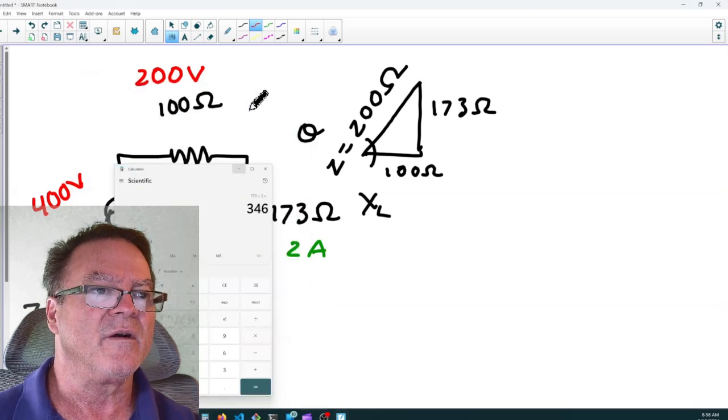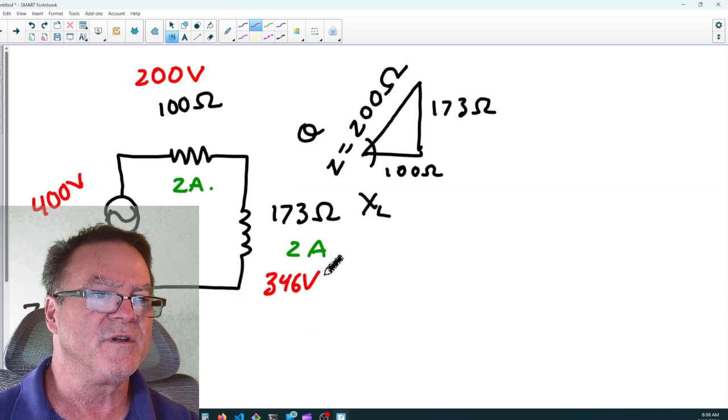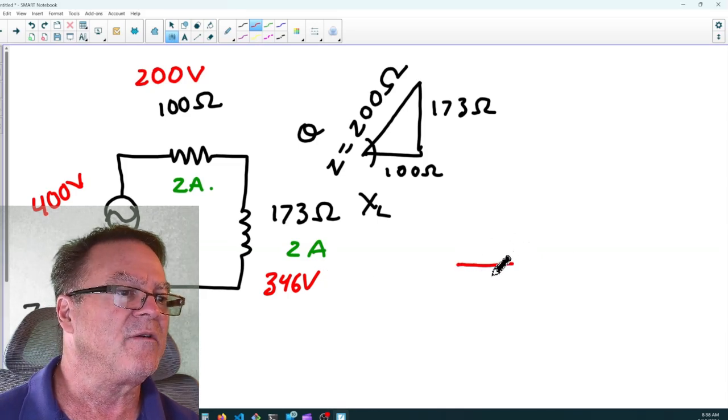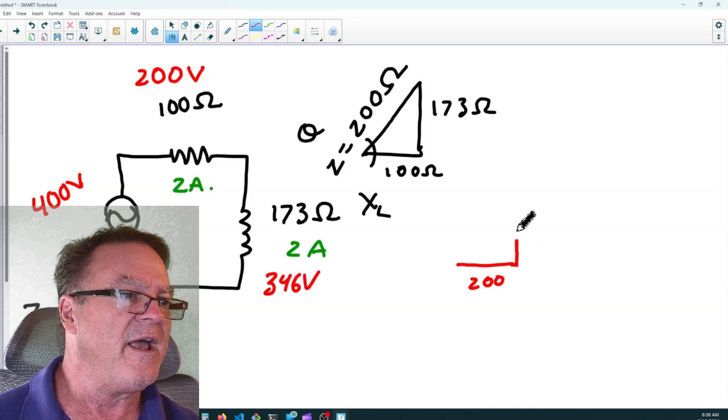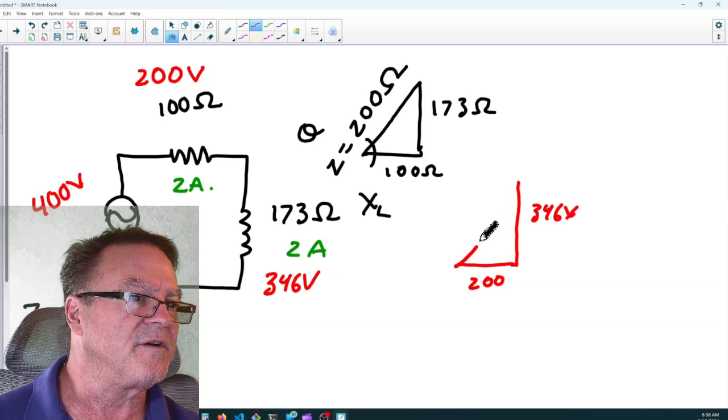Okay. So we have a voltage drop of 346 volts across the inductor. That means I have a triangle that has 200 volts across the resistor and 346 volts across the inductor.